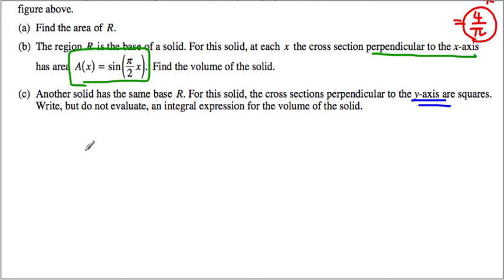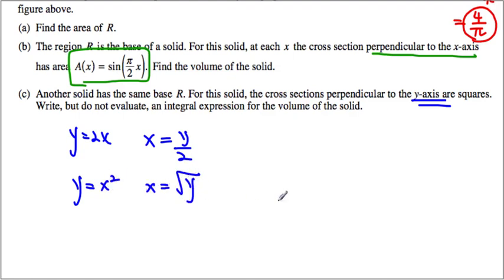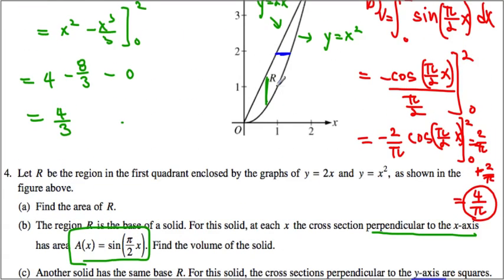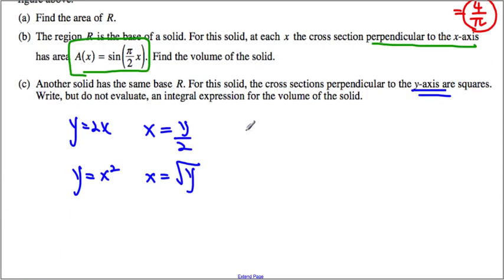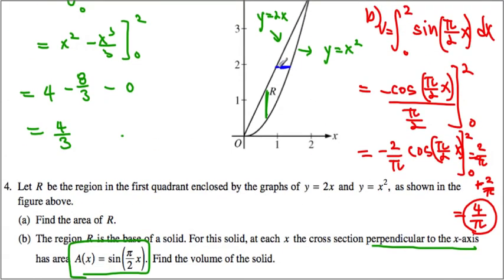So in this case, what happened to y equals 2x? Yeah, it becomes x equals y over 2. Relatively simple. Y equals x squared. In this case, x becomes square root of y. Alright, now then here we have the volume becomes, since it's a square, we have to simply find the side of the square.